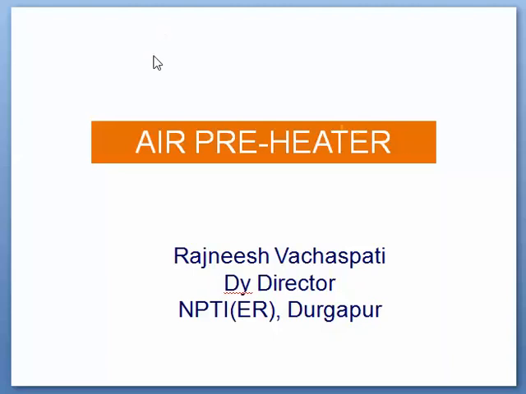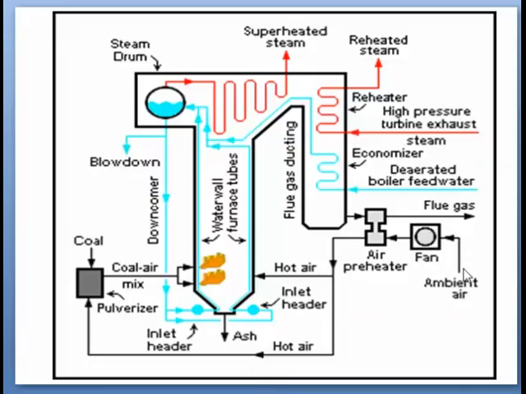Because we are supplying heated combustion air to the furnace, the combustion efficiency also increases. Now you can see from this figure that ambient air is taken from the fan.